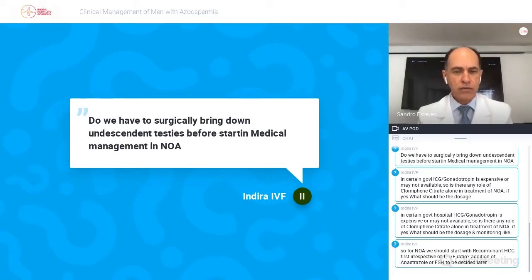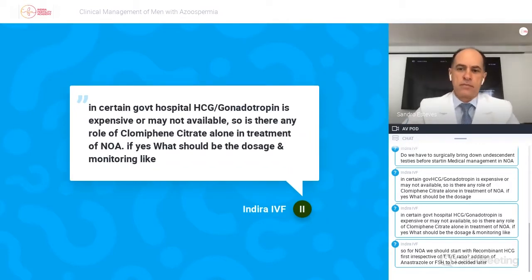So in these patients, the answer will be, ideally, we should bring the testicles down. So if you cannot bring the testicles down because of the patient preference, because of costs, etc., and you go for the micro-TZ, you need to advise the patient that the chances of finding sperm will be quite low.